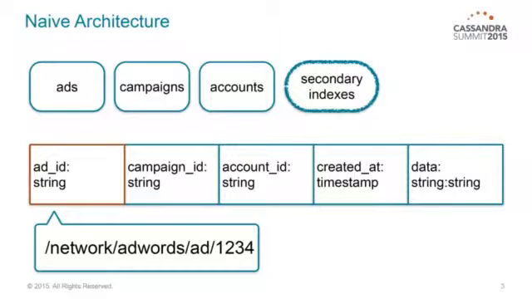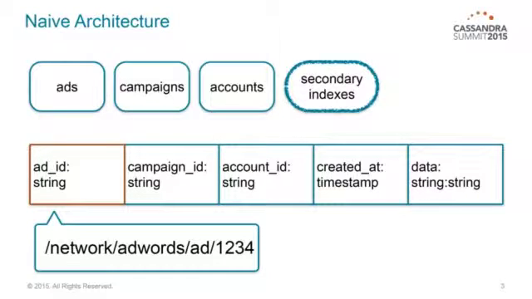Each column family is partitioned by a primary key, which uniquely identifies the entity being involved. In this case, I'm showing you an ad table, but there are ones for multiple things. I listed up here that we have ads, campaigns, and accounts, because those are the biggest things that we typically deal with in the ad world, right?